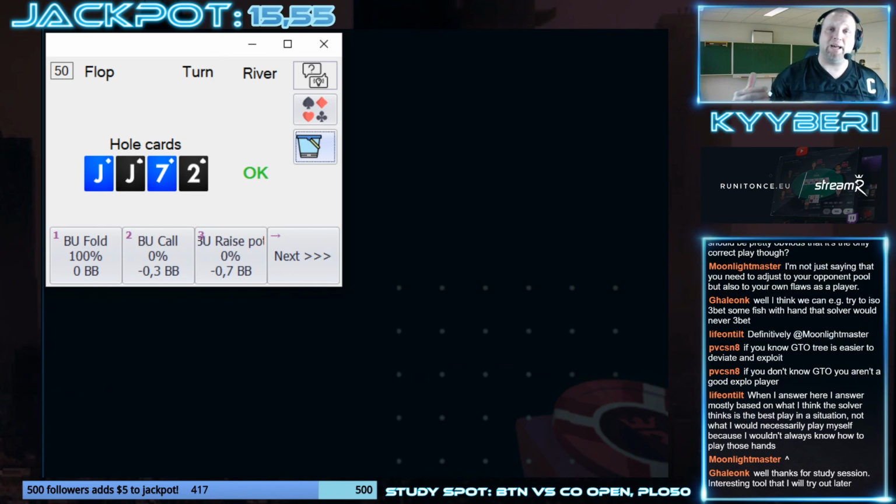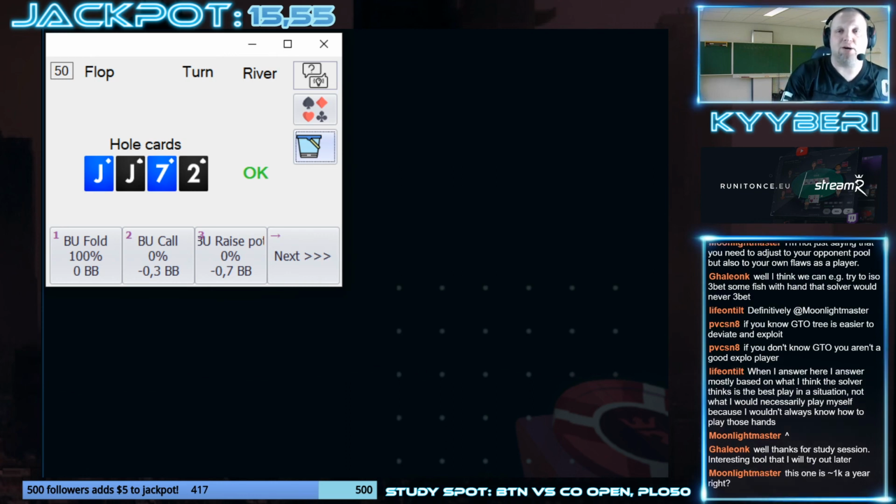And that's why I love small stakes. That's why I enjoy the game on PLO 20 more than the game of PLO 50 at the moment. Because the variety of opponents is higher. I mean, the higher you go in stakes, the more average opponent tendencies tend to get close to solver tendencies and good reg tendencies.